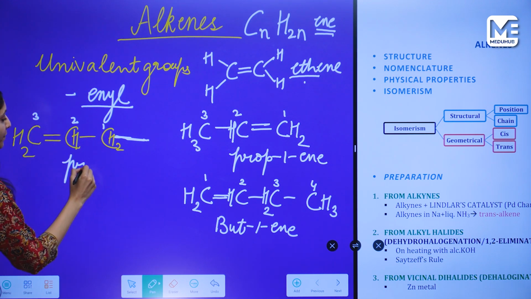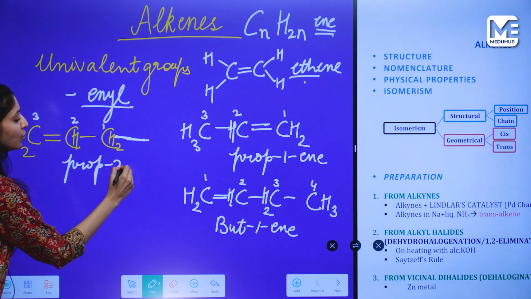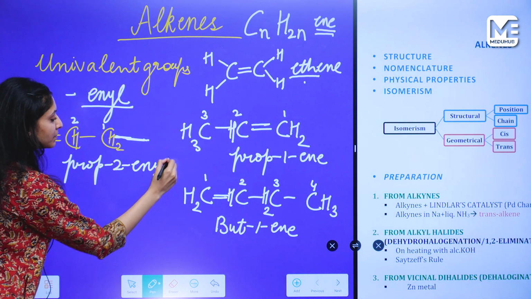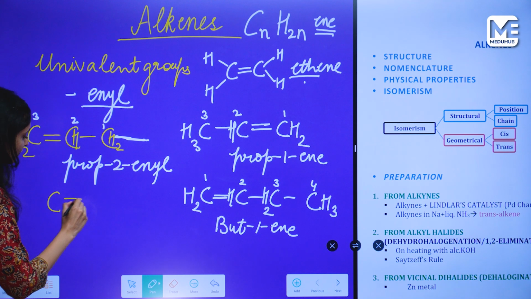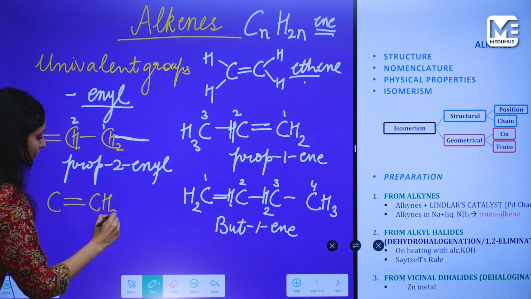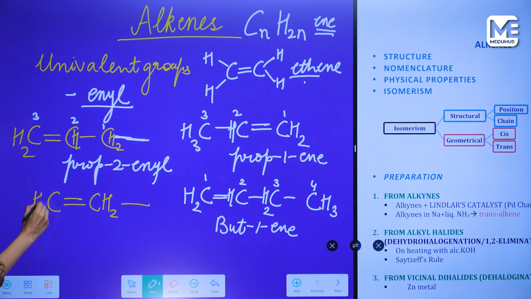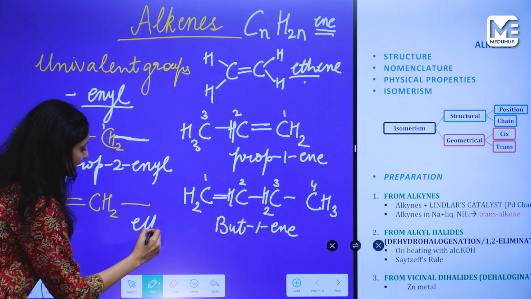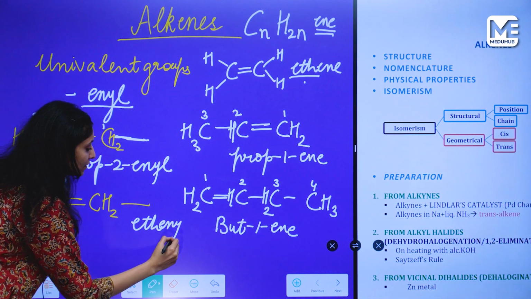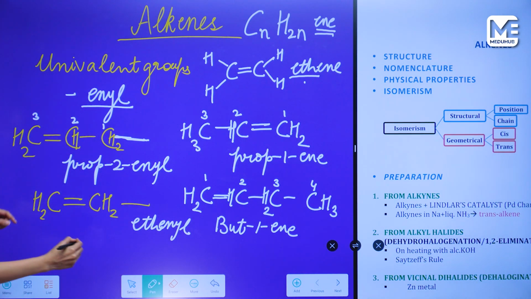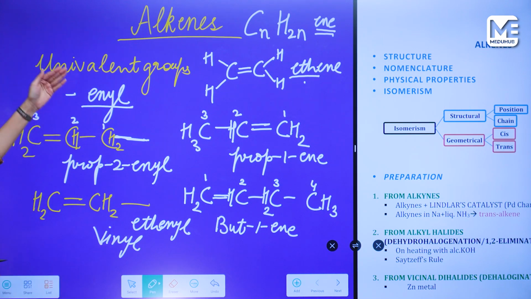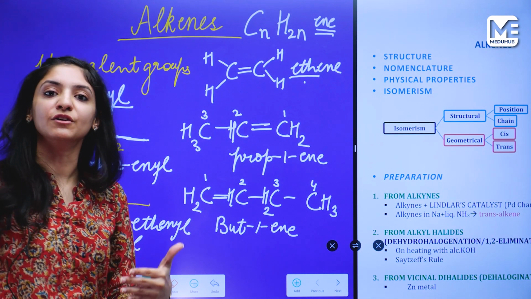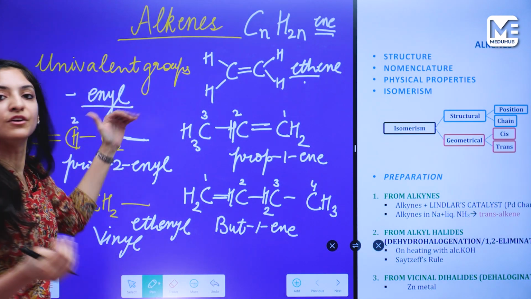So it is a prop-2-enyl group. Right? Similarly, we can also have a group like this. This one is called an ethenyl group, or it is also called a vinyl group. And like this, we can find many other groups that exist which are univalent groups.